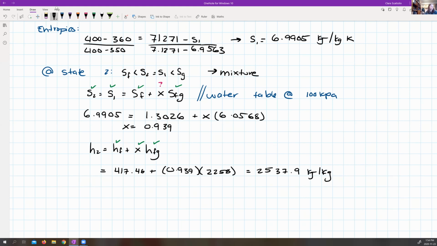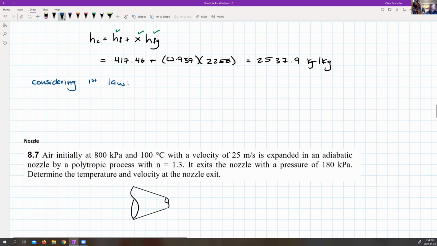And for the turbine, if you want to consider the first law equation, there's no change in total internal energy. There's no heat transfer. The turbine does work. And there's no appreciable change in speed, no appreciable change in height.